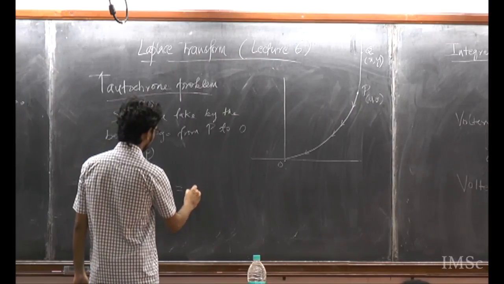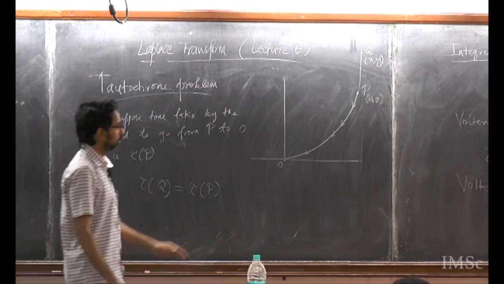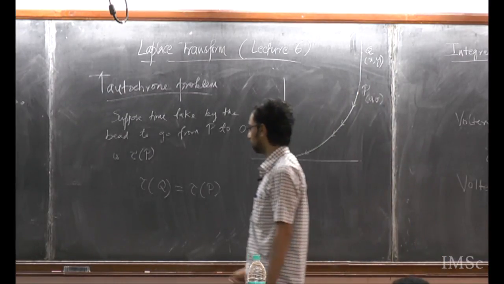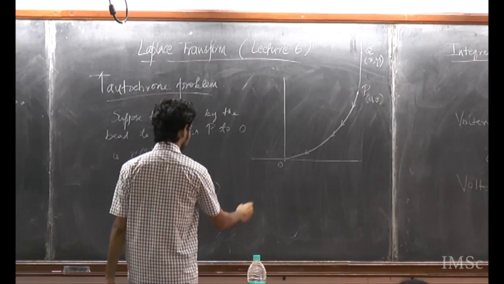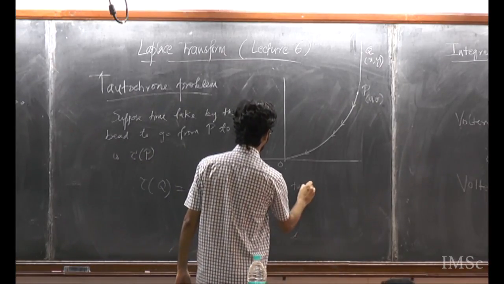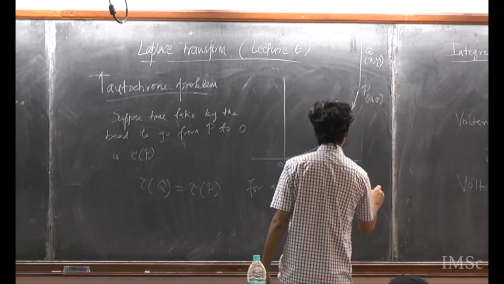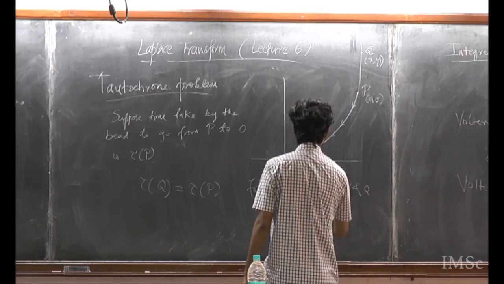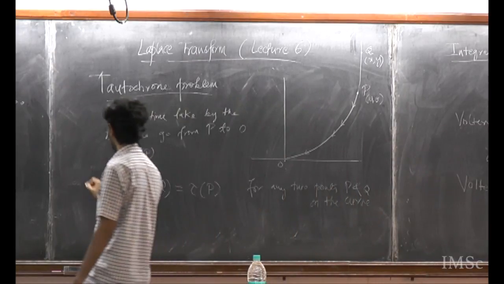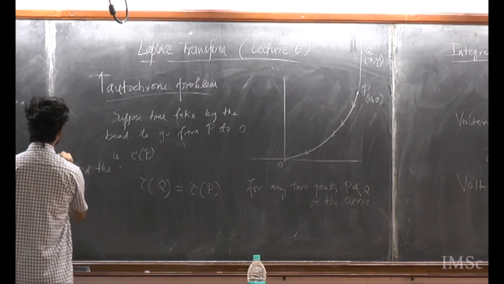So the problem is to find the equation of the curve such that tau Q equals tau P for any two points P and Q on the curve. So find the equation, so this is the problem.